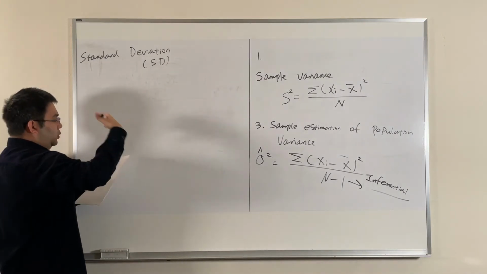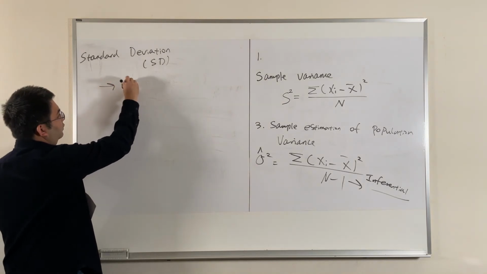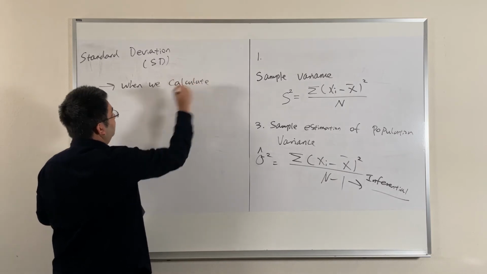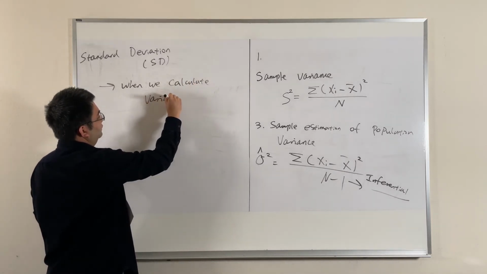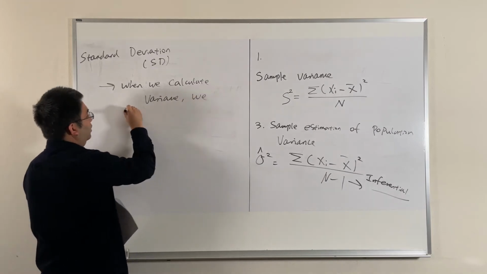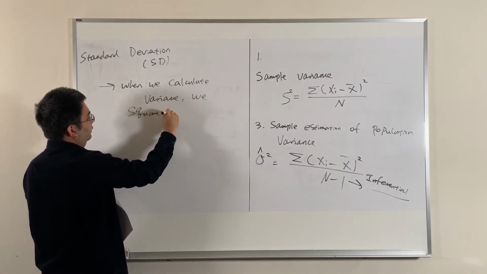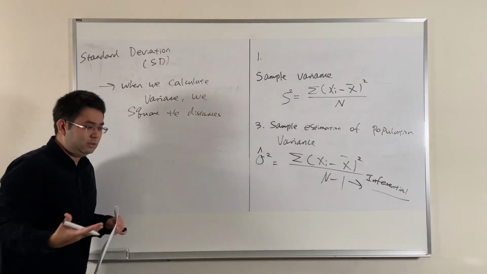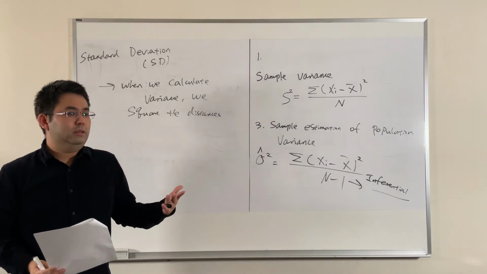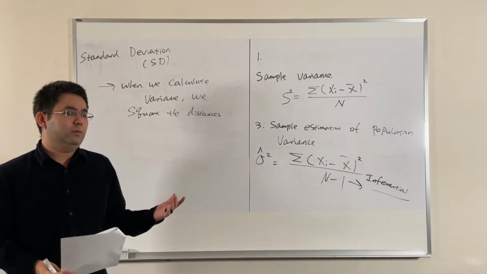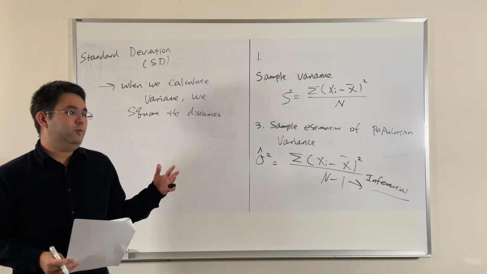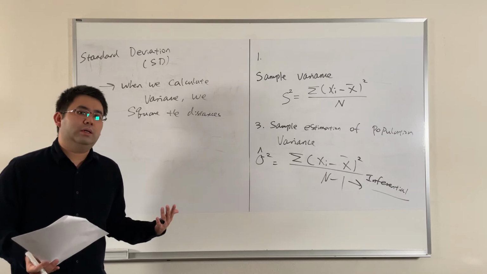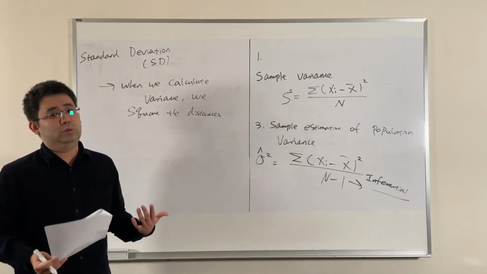The problem we had is that when we calculate variance, we square the distances, and then it's really hard to interpret. For example, if we're looking at age, what does it mean to have age squared? So the unit is just really hard to interpret.